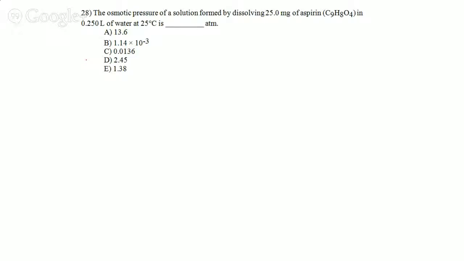The osmotic pressure of a solution is formed by dissolving this much in that much water. Well, let's take a look again. P H2O is going to have to equal the mole fraction of H2O times the standard H2O.